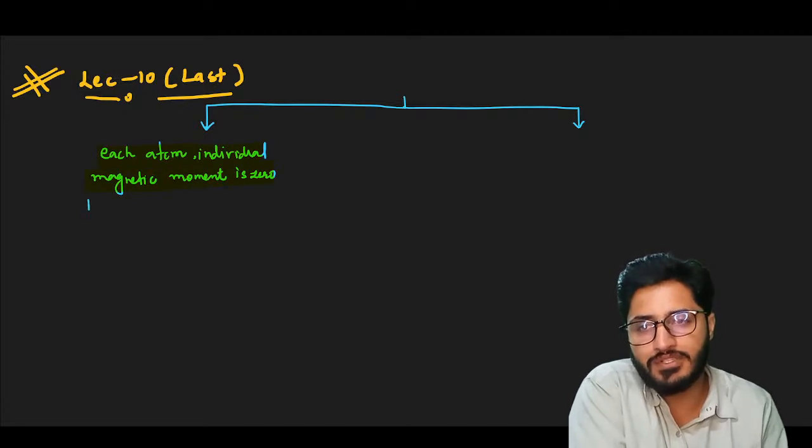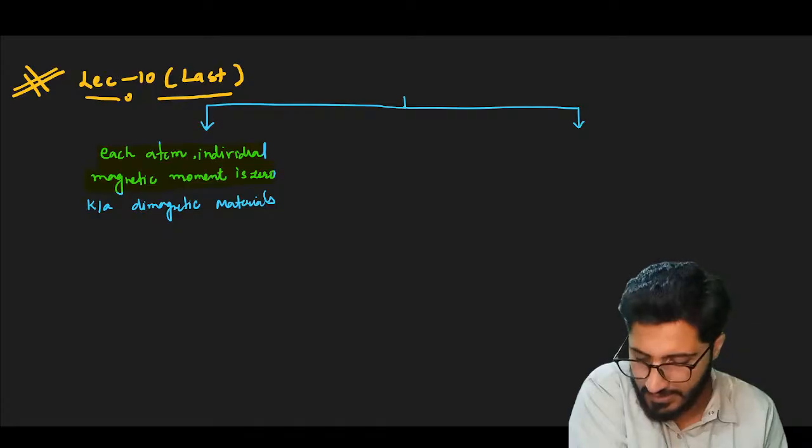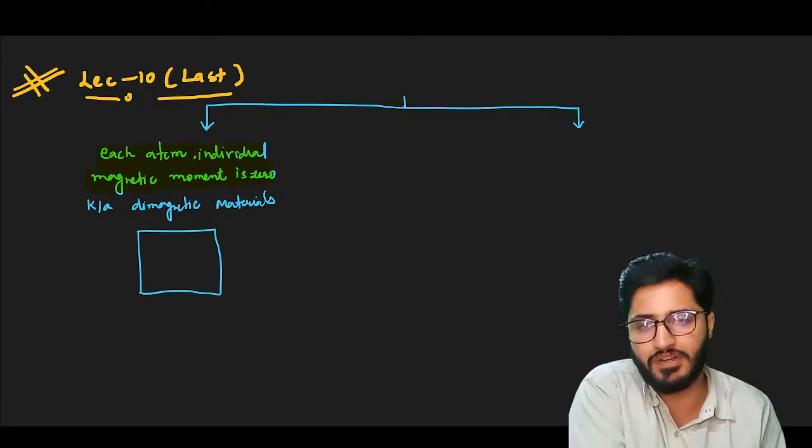These substances are known as diamagnetic materials. If this is my representation of the material, these dots represent that they don't possess any sort of magnetic moment.